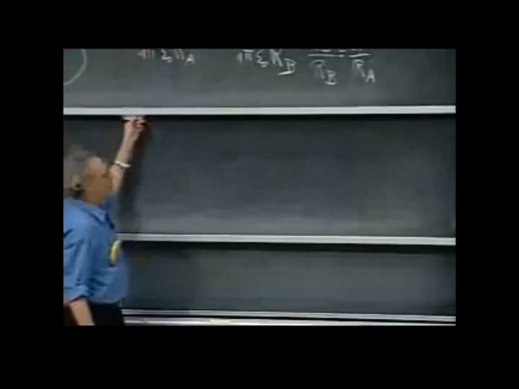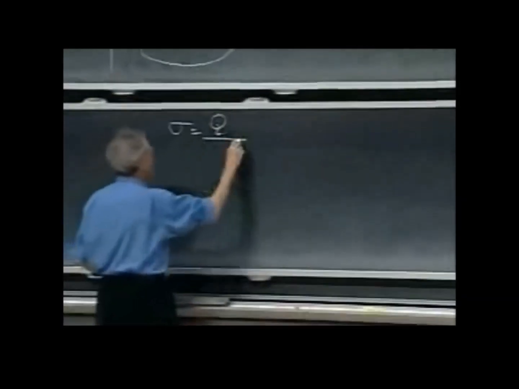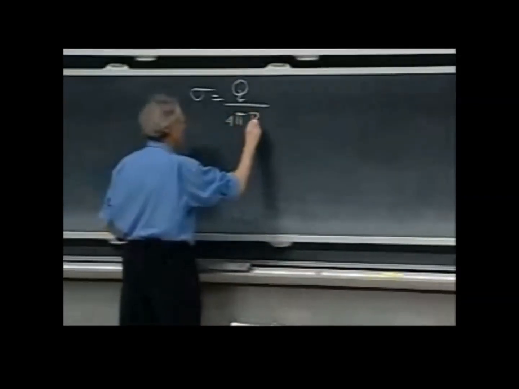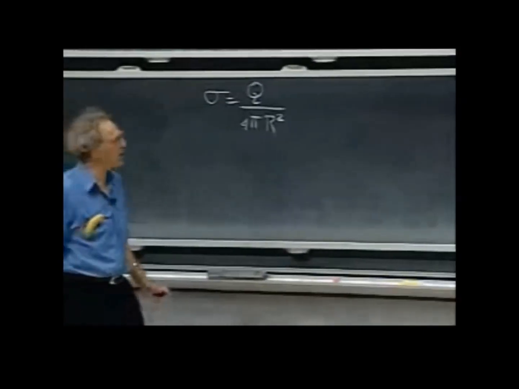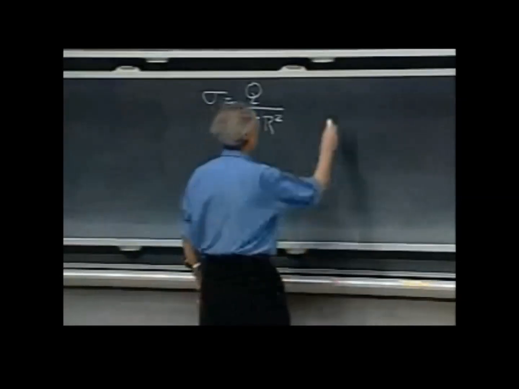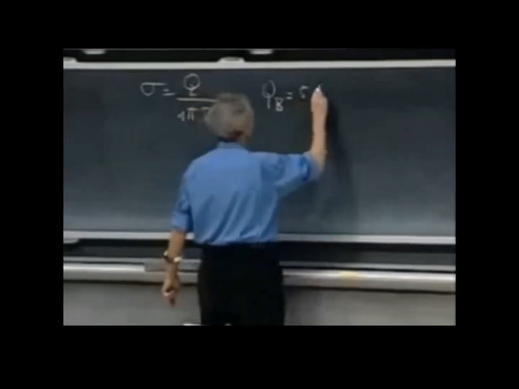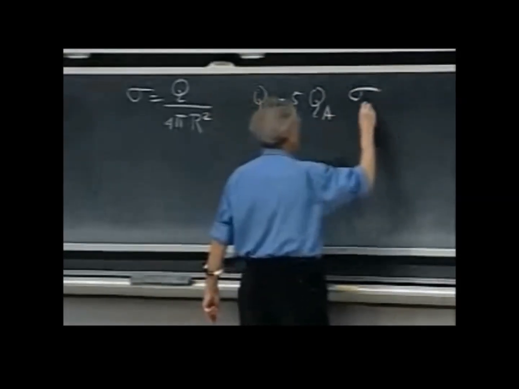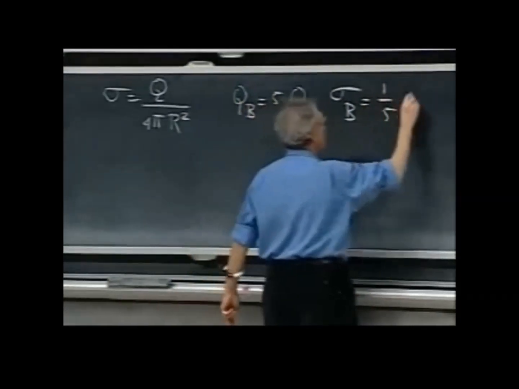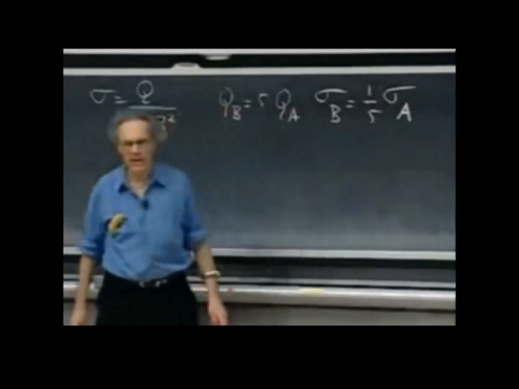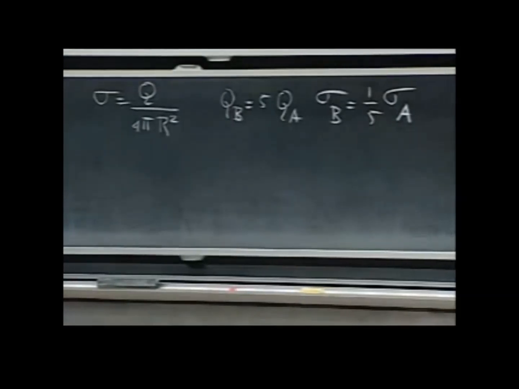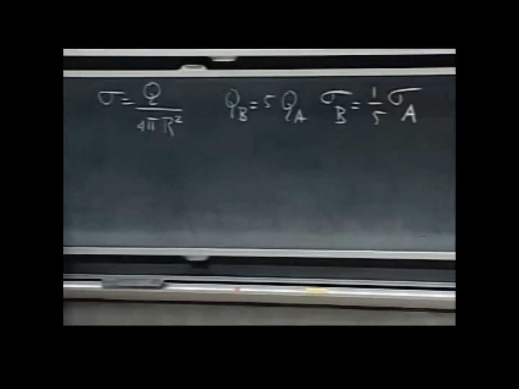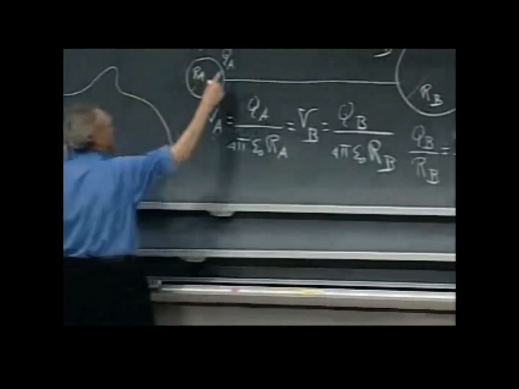And since surface charge density, sigma, is the charge on a sphere divided by the surface area of the sphere, it is now clear that if the radius of B is 5 times larger than A, the charge on B is 5 times the charge on A, but the surface charge density on B is now only 1/5 of the surface charge density of A, because its area is 25 times larger. And so you have the highest surface charge density at A than you have at B. 5 times higher surface charge density here than there.